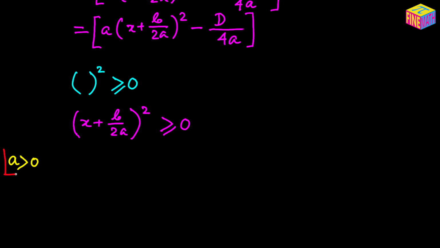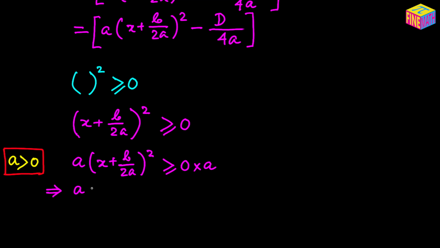Now when a is positive, I am going to do this little trick here. I am going to multiply both sides of this inequality by a positive number a, right? So a times (x plus b by 2a) whole square is also going to be greater than or equal to 0 times a, which is 0.